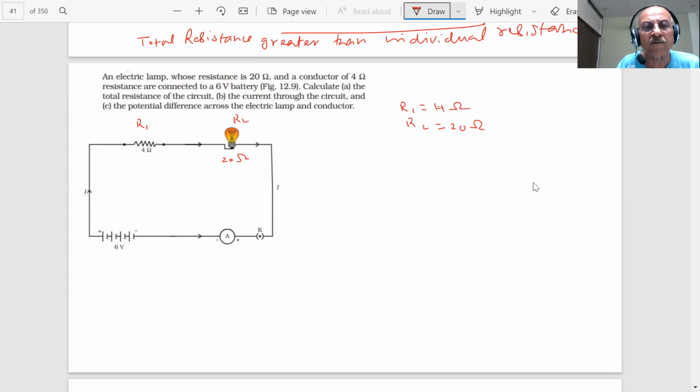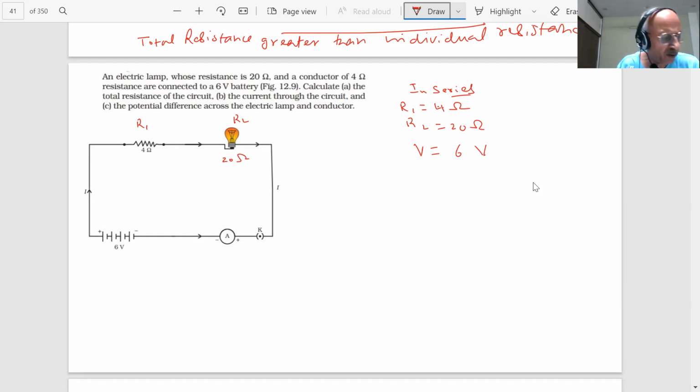How are they connected? In series. Can you see that they are in series, end to end? What is the total potential difference? 6 volt. This is my ammeter. What is the question?